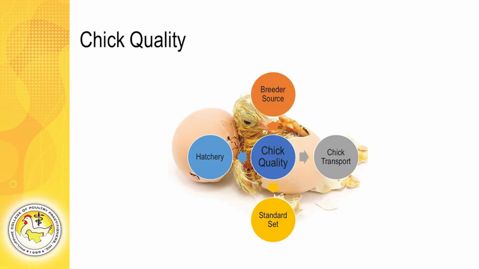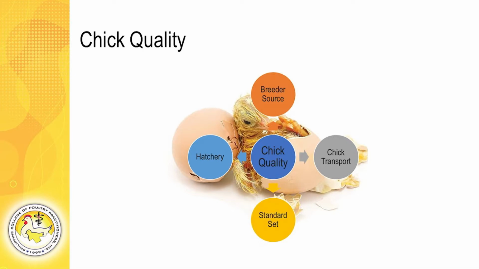Next factor is chick quality. The definition of good chick quality may differ from operation to operation. But what is important is that a set standard must be in place to define chick quality and the necessary steps to make sure that this standard is set and maintained by all of the parties involved.